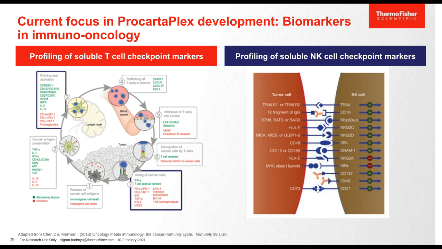This might, of course, have an impact on the clinical efficacy of individual checkpoint modulator drugs, and thus the immuno-oncology checkpoint biomarker ProcartaPlex panels have been specifically designed and optimized for the measurement of key immuno-oncology analytes in human or mouse serum, plasma, and cell culture supernatant samples.